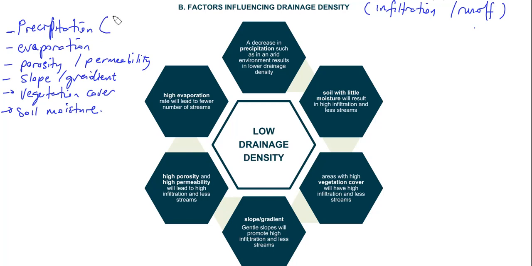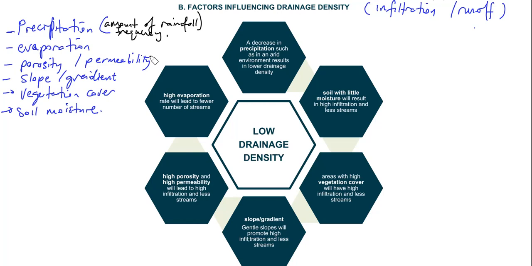It's not the definition, but that's what we're actually referring to. Amount of rainfall, and frequency as well. You understand? So when you've got more frequency and also high rainfall, what do we have? We have a high drainage density.